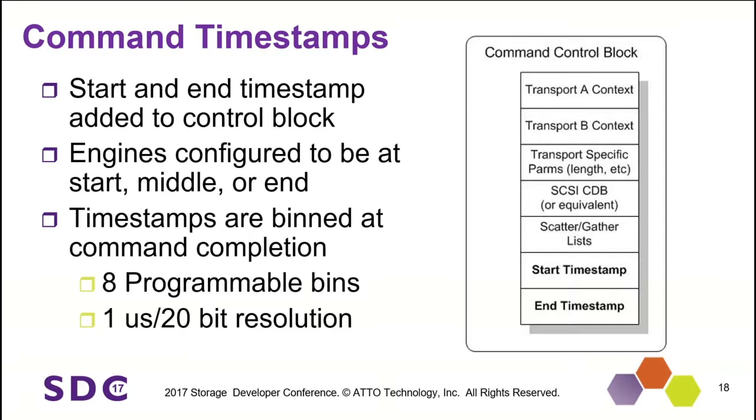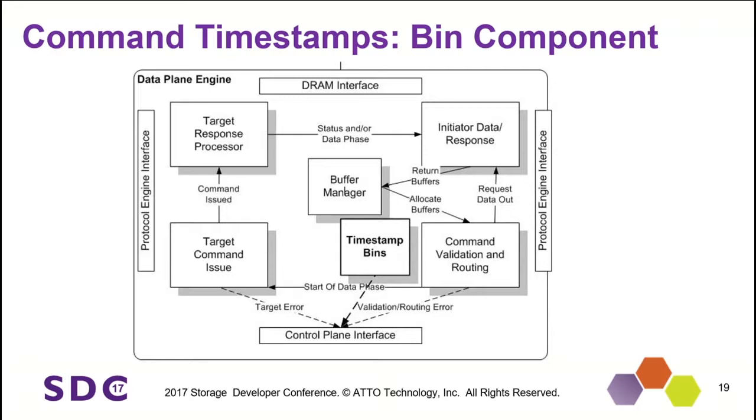So what does this look like? Well, now I have these timestamp bins in my data plane engine. So there's just a new component here. When the buffer is being returned at the very end, now there's a timestamp binner, and all it does is calculate the delta, run through and say, okay, which bin does this go into?